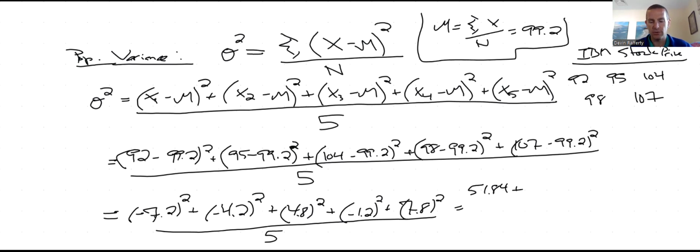Negative 4.2 squared is 17.64, plus 4.8 squared, that's not 4.8 times 8, it's 23.04, plus negative 1.2 squared is 1.44, plus 7.8 squared is 60.84, divided by 5.